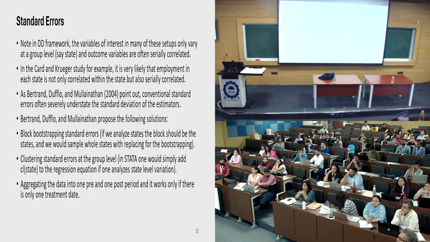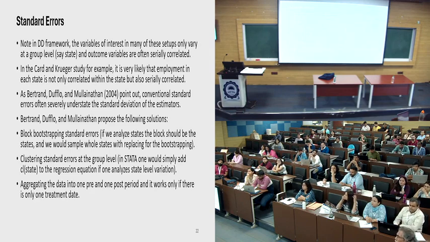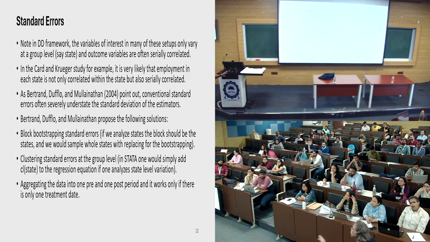One of the problems is, how do I control for the standard error? Or the standard error would not be estimated properly. The easiest solution is, one way to do it is block bootstrapping the standard error. You can do clustered standard errors.